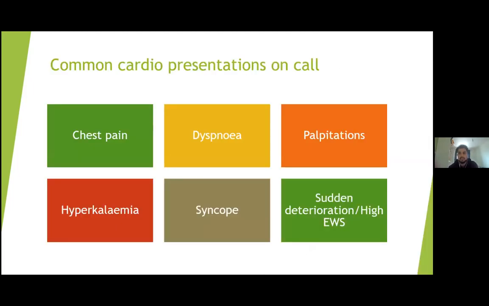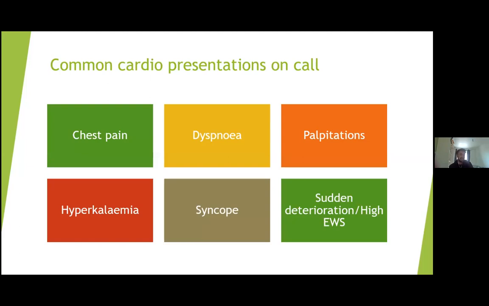Okay, so common presentations on call. I've listed a few here. These are probably quite common, certainly from my experience: chest pain, shortness of breath, palpitations, hyperkalemia, definitely dealt with loads of that, syncope, high early warning score. Just generally when a patient is scoring, often you get bleeped to assess the patient and see what's happening.